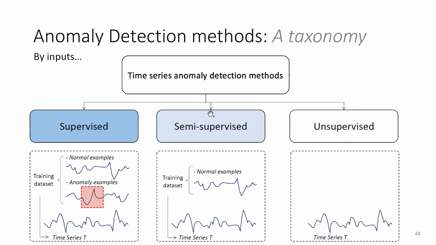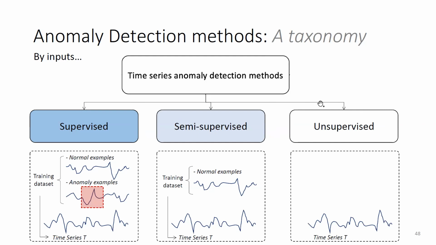Then there are the unsupervised approaches. This is simple. There is nothing as input, as data. You take just the time series and some user-defined parameters, and then you compute an anomaly score. I will present mostly semi-supervised and unsupervised methods, with a big focus on unsupervised, because that is where I worked mostly, so I'm more familiar with these methods.